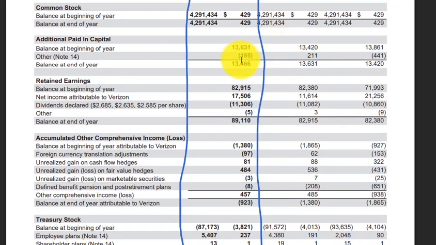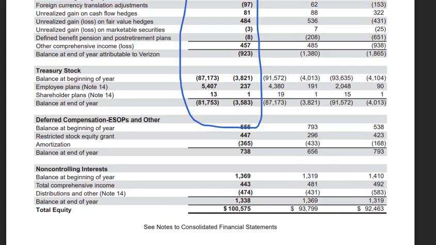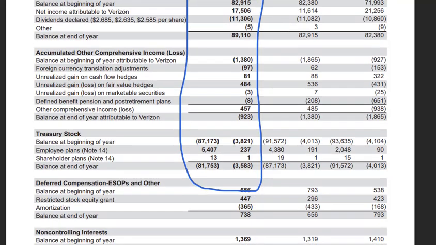The amount of cash they get from the employees, obviously, is the debit to cash, and then the difference is a debit to additional paid-in capital, as we mentioned earlier. And then changes in deferred compensation and non-controlling interests. All right, so that gives you the idea of what changes and how it's reported.